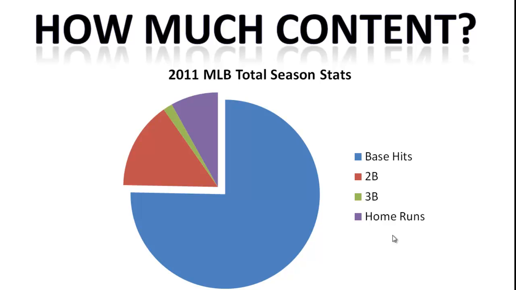So in 2011, 75% of all the hits were singles. And then very few were actually doubles and triples and home runs. So what was his point? Well, you just need to get on base consistently, right, to win the game. You just need to consistently produce good content to rank number one in the search engines. All right? And every now and then, you'll find that perfect pitch that comes and you'll hit a home run. But we're not asking you to do that. So we're just asking you to spend maybe a couple hours a week to start to do some of the basic content marketing. And then you can grow from there.